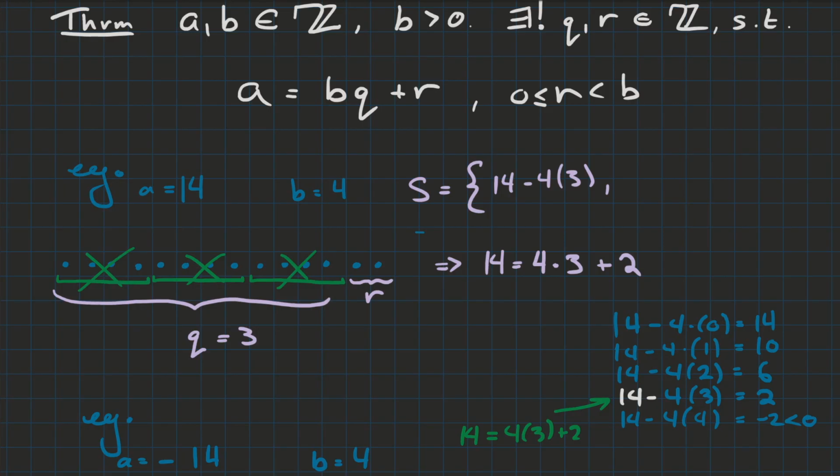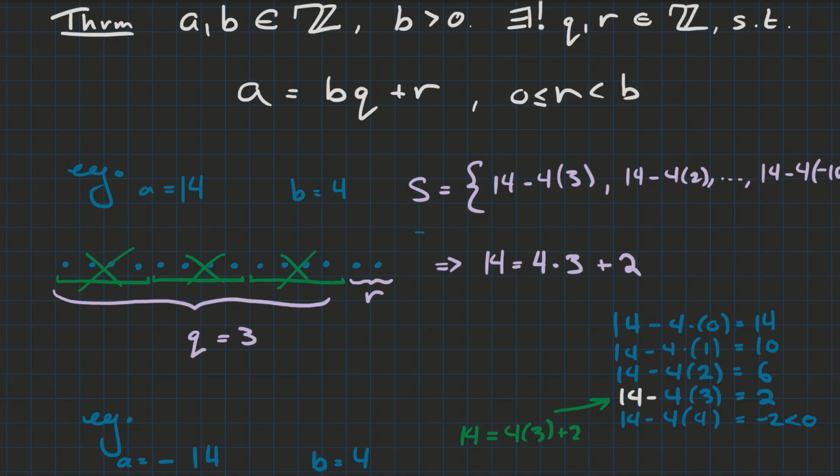That's 2, so that's positive, well, not negative, that's good. And then we also have 14 minus 4 times 2, and we have all these numbers, because I said it's all these numbers. But it's not the next one. It's not 14 minus 4 times 4.